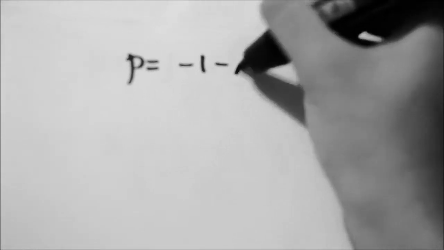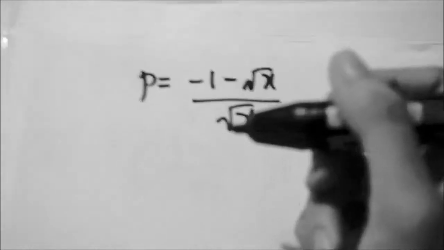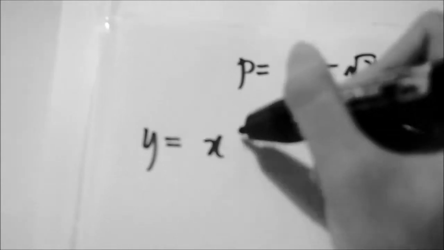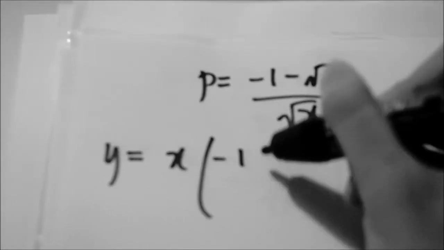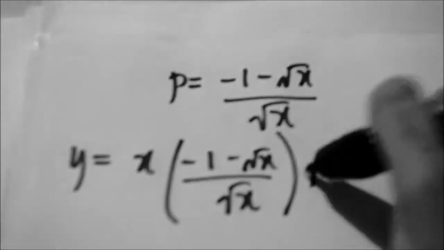Next is p equals (-1 minus square root of x) over square root of x. So same as what we did with the previous solution, we will substitute this to p, x times p, which is this one, plus 1 over 1 plus p.